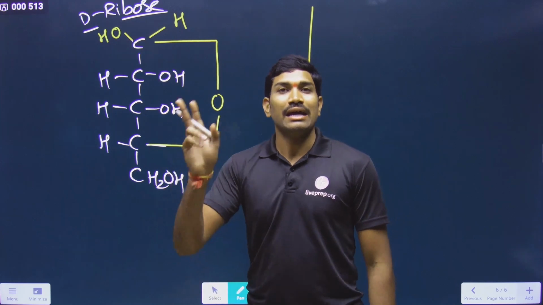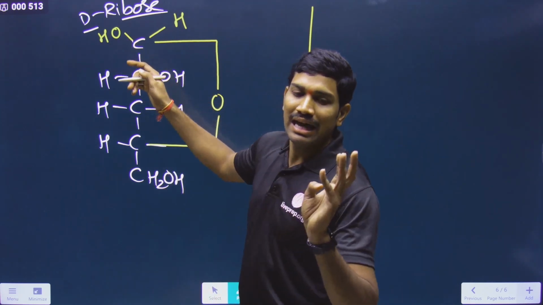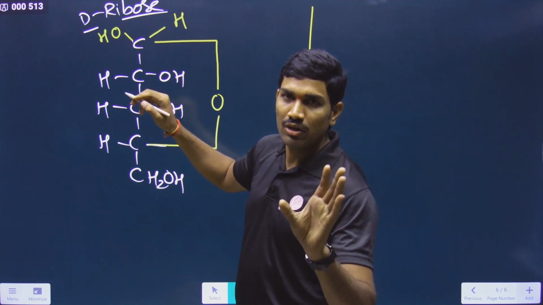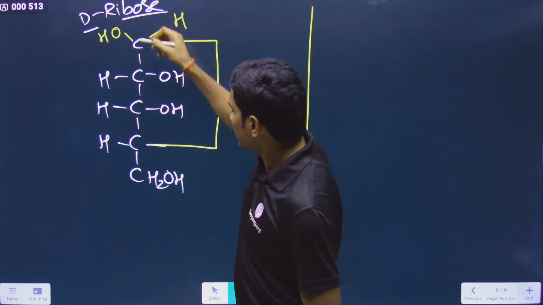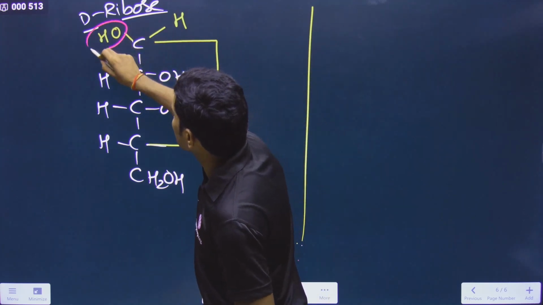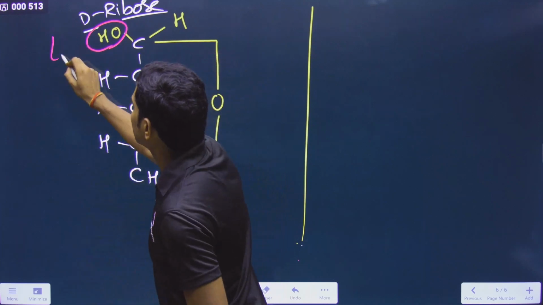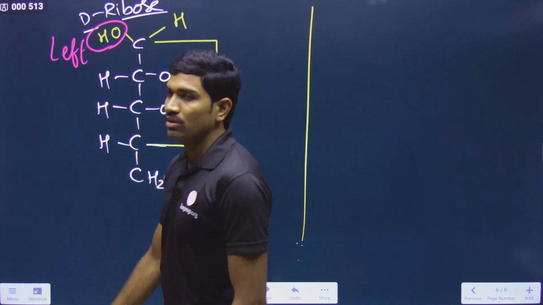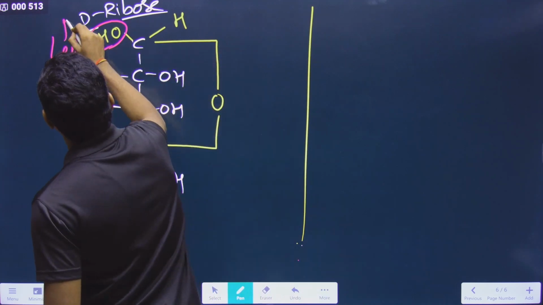Understood or not? And when this ring is formed, now on the carbonyl carbon, please remember, aldehyde group and ketone group are called carbonyl carbons. This carbon is called the carbonyl carbon. On the carbonyl carbon, on which side is this OH present? Now in this diagram, OH is present on the left side. So this is called beta form.